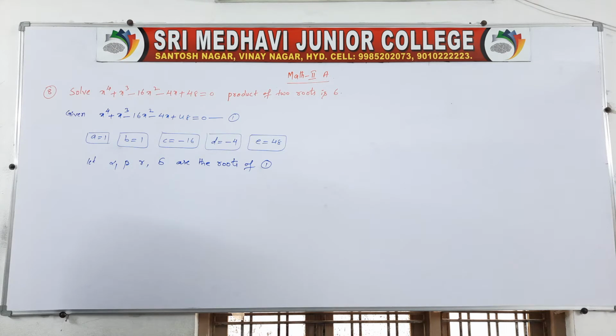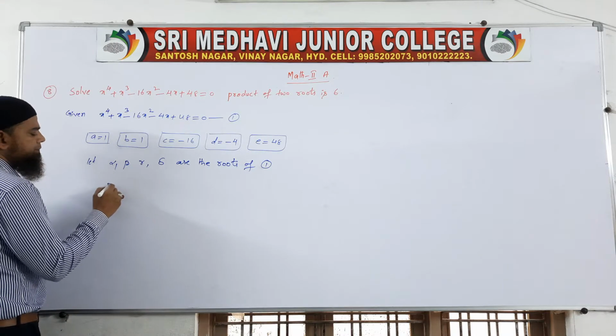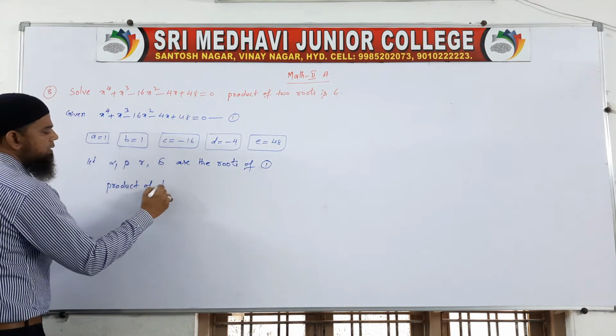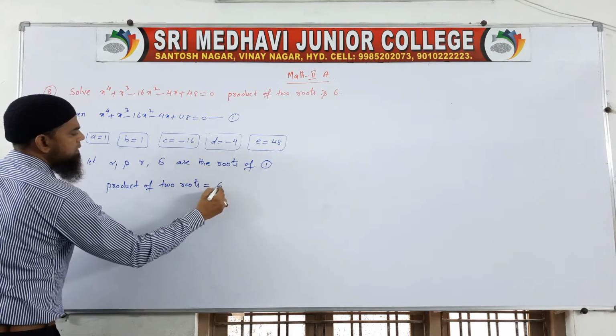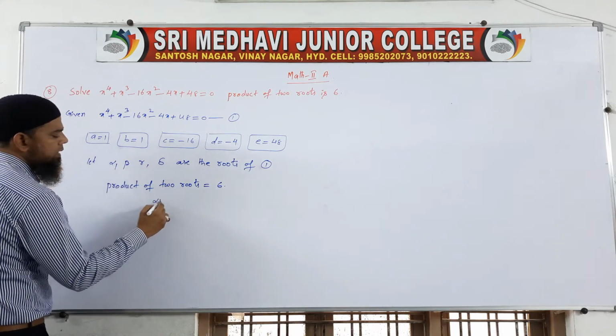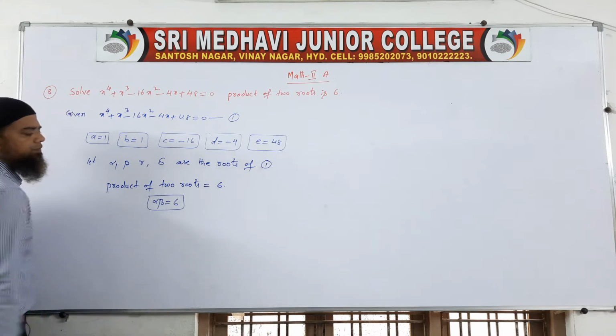What is given in the problem? Product of two roots is equal to 6 is given. Which two roots are we taking? Alpha into beta I am taking. Alpha beta is equal to 6. Keep in the box.